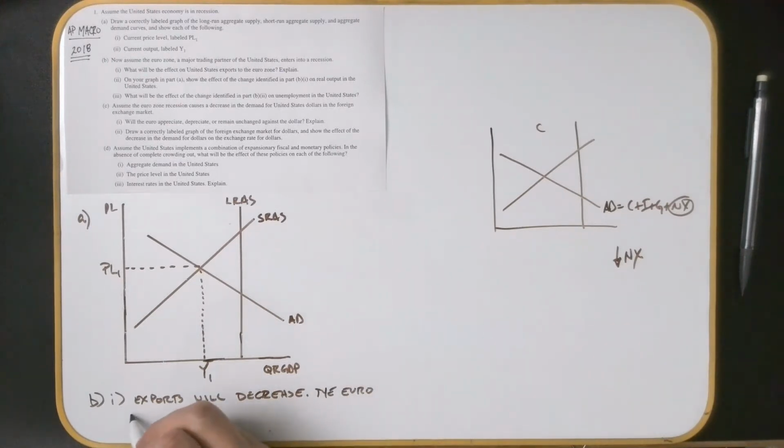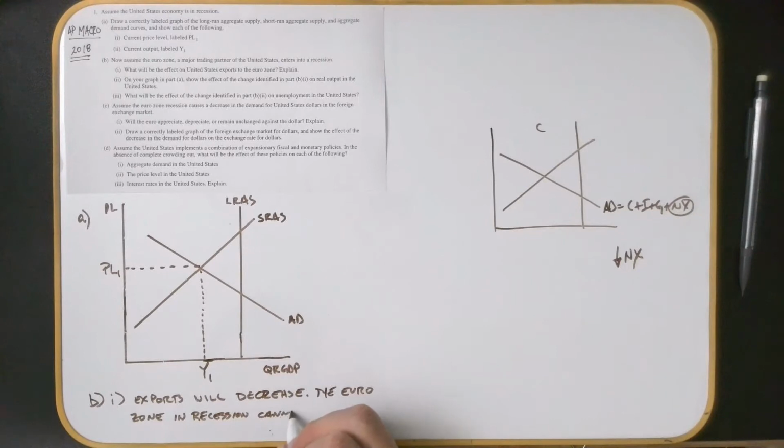The Eurozone in recession cannot afford to buy U.S. goods. Now they can afford some, but they can't afford the normal amount, so we're going to have a decrease. Okay, so there was our key there.